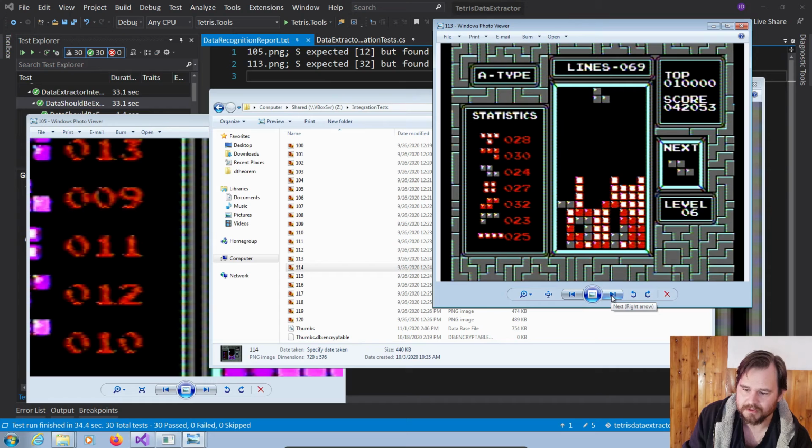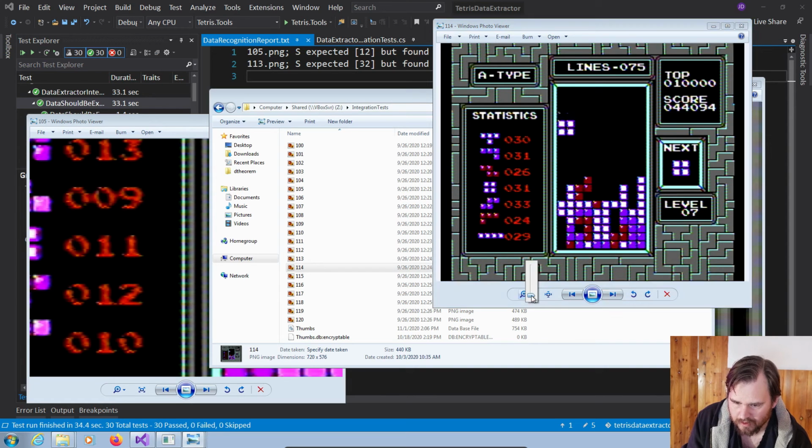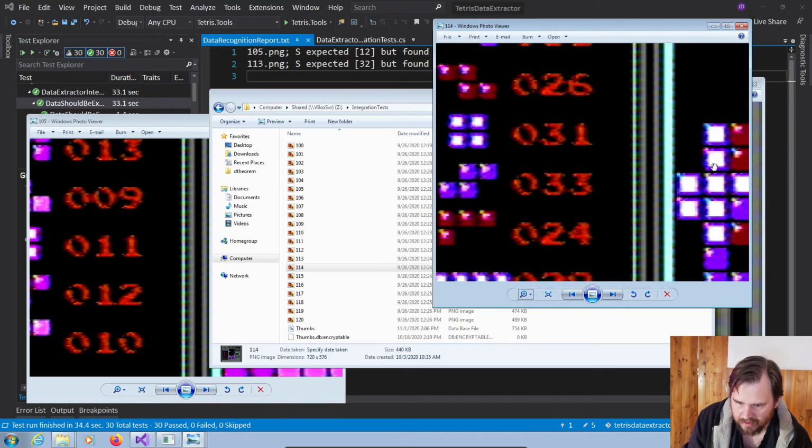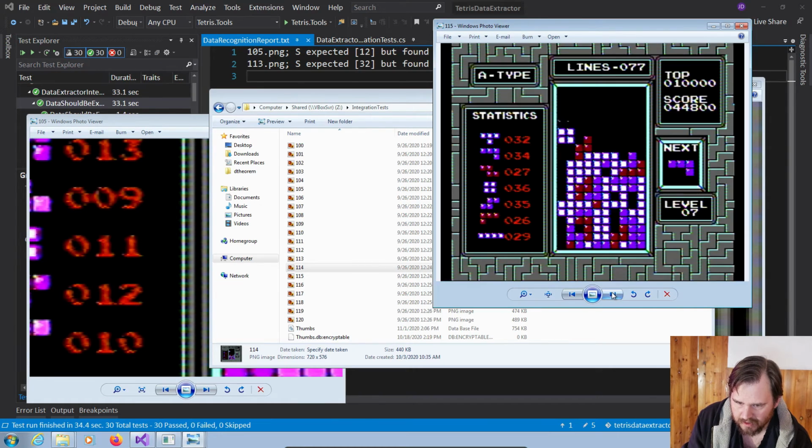And check it out. Here I was on level 6. And here I'm on level 7. Does the color change any of that? My word. That would be absolutely nuts if it did. Can I keep this? No.